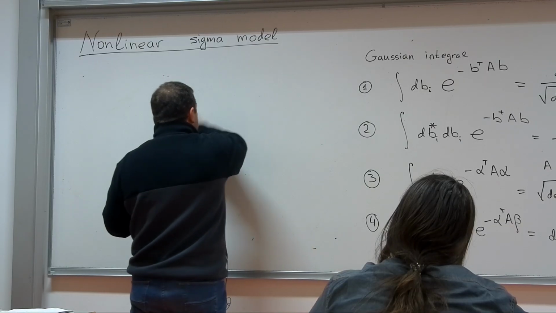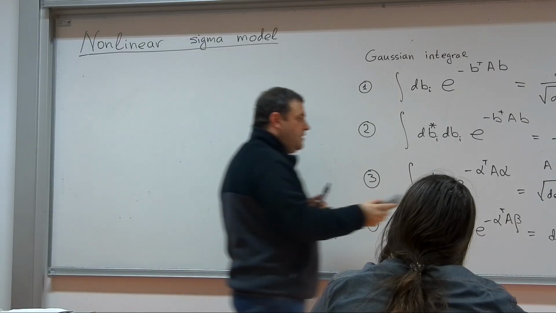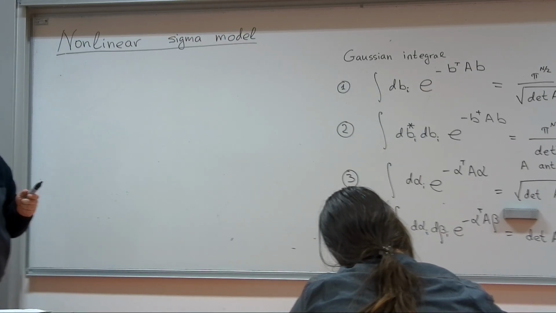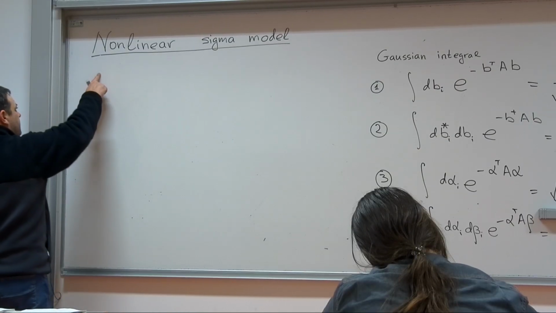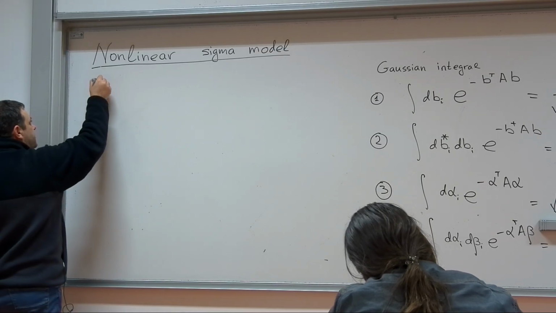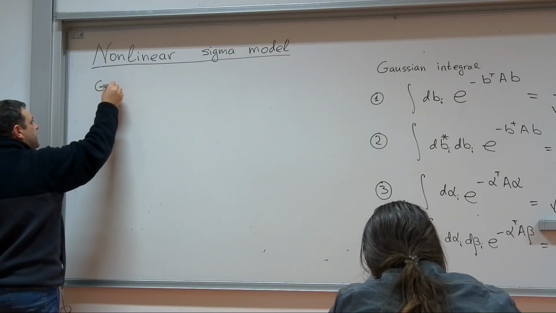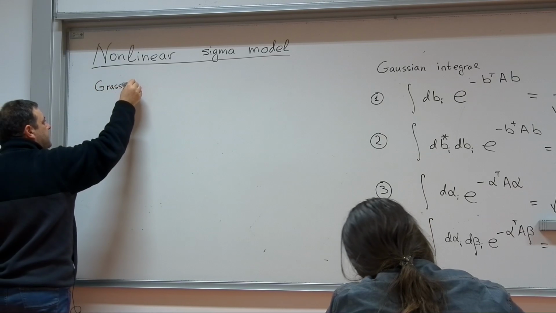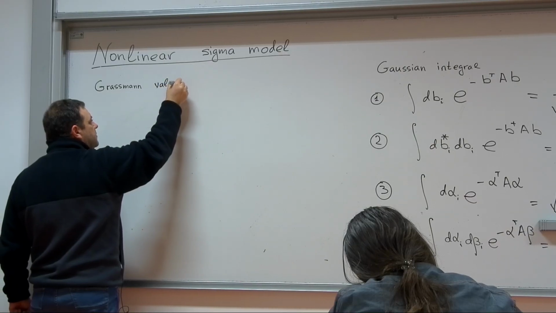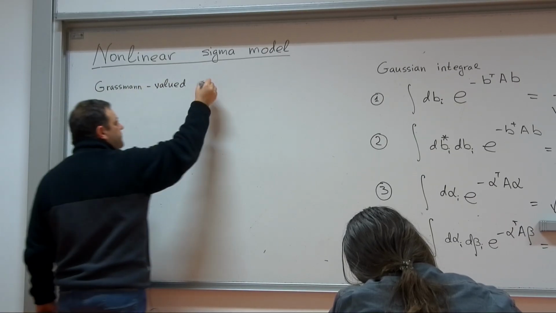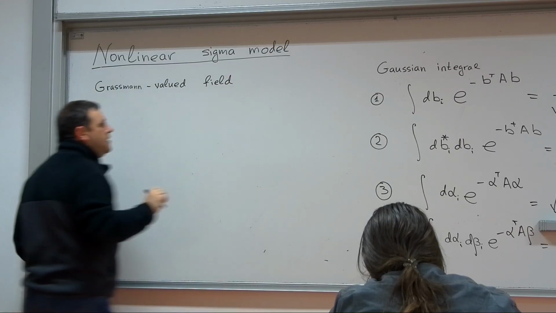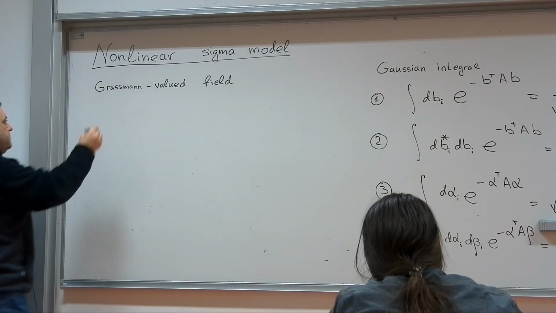And the square of this field is like a wave function. The problem with electrons is that they are fermions. That's why the fields that represent them should be Grassmann valued fields. So we have a metal with electrons inside, and we introduce a Grassmann-valued field, and we call it phi.